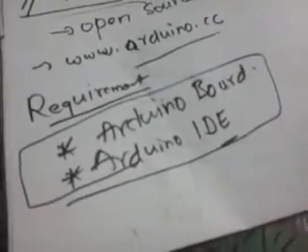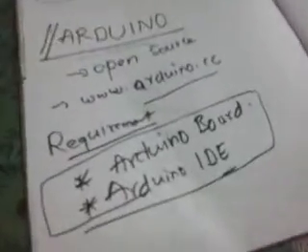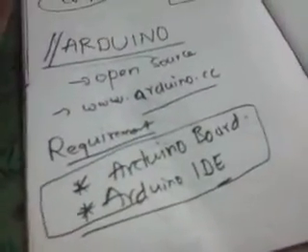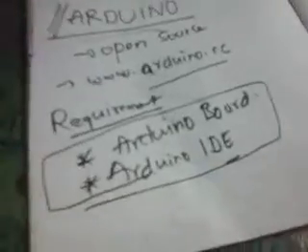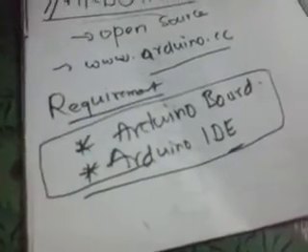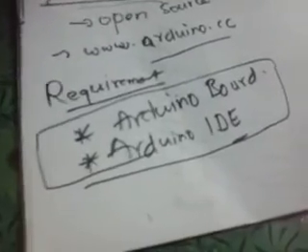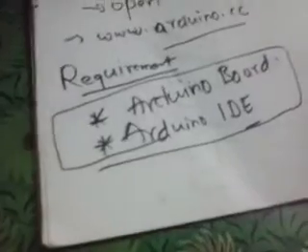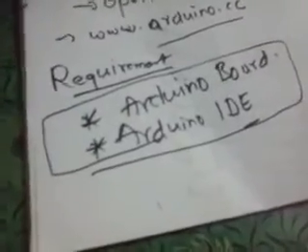We need these two things in order to learn the basics of Arduino coding. Later we will develop how to construct a robot using this Arduino microcontroller, and we are going to construct robots for various applications, such as line followers, obstacle detectors, and other applications.